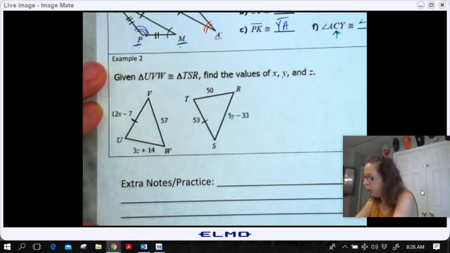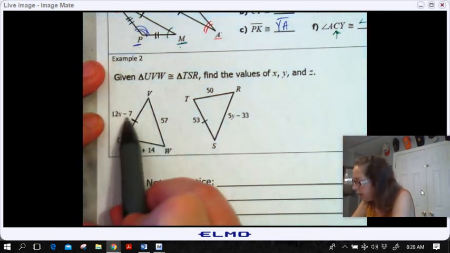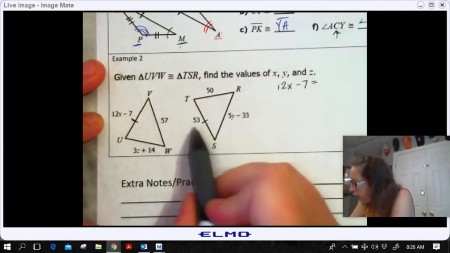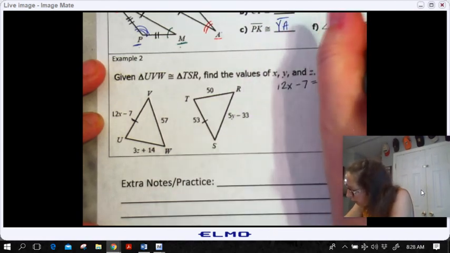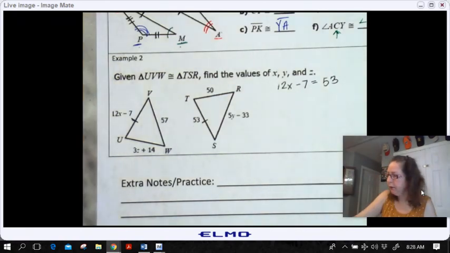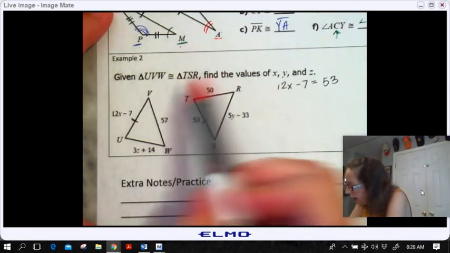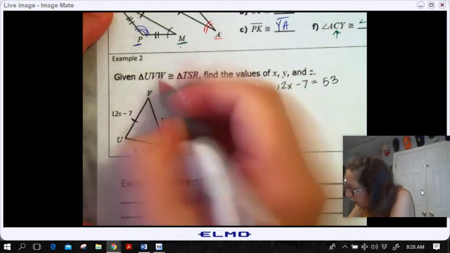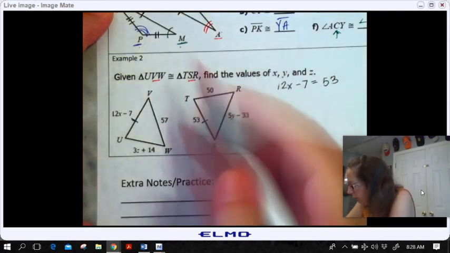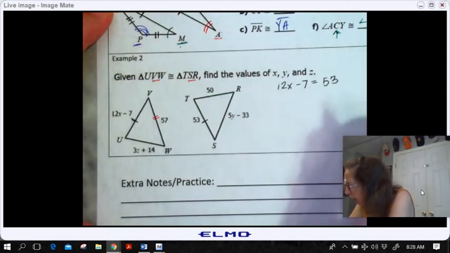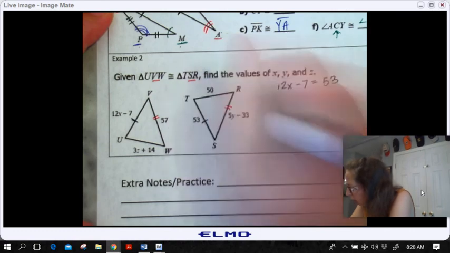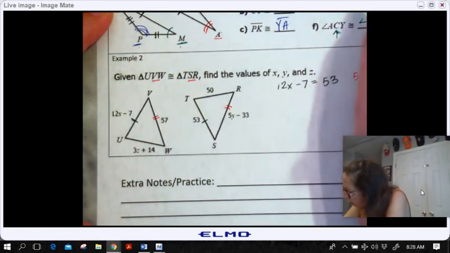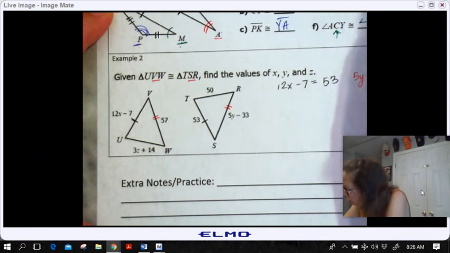So one statement that I can make is that 12x minus 7 is equal to 53. The next statement I can make is they tell me that VW is congruent to SR. So on that side, I've got 5y minus 33 equals 57.